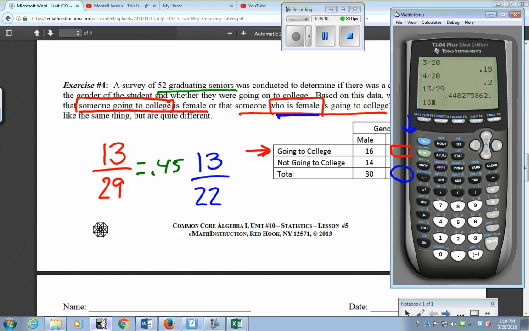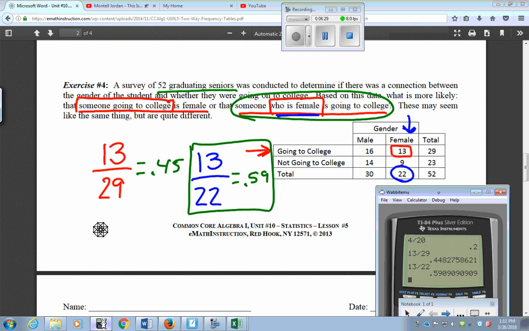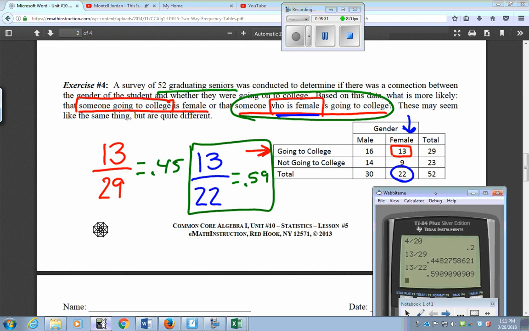And then we'll do 13 divided by 22, and that one gives us 0.59. So based on that, the one that's more likely is the one that says someone who is female that's going to college, because there's less female students for the total than there were students that went to college.